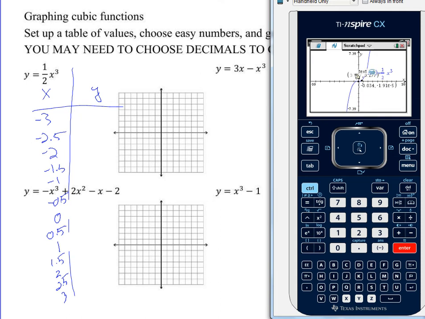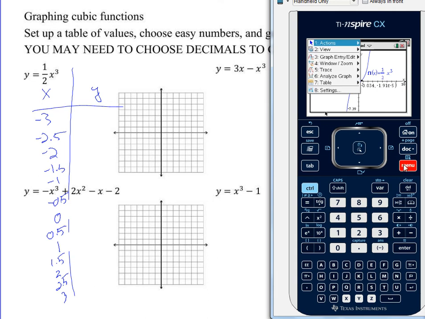Okay, there's my function. I don't need that ordered pair, I'll just move it off to the side, because I just changed my function and it's still giving me those ordered pairs. I don't need them. Don't worry about it.